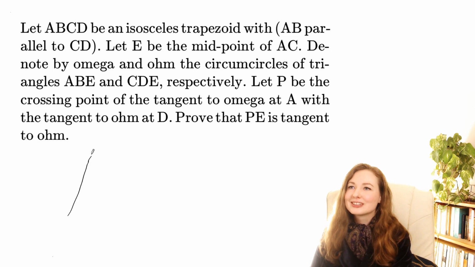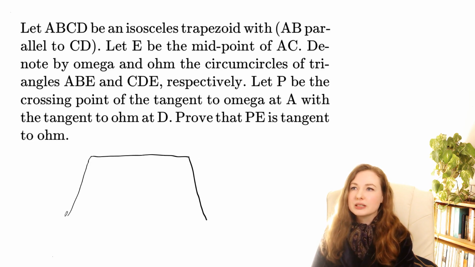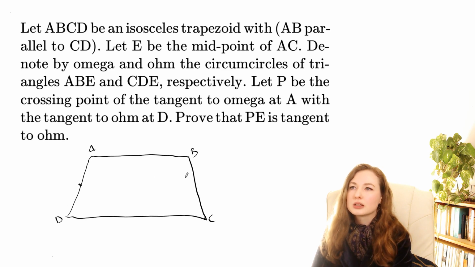So we've got this isosceles trapezoid, or I would say trapezium, being from Australia. A, B, C, D, and the isosceles bit just means that that's the same length as that. And then we've got E is the midpoint of AC.